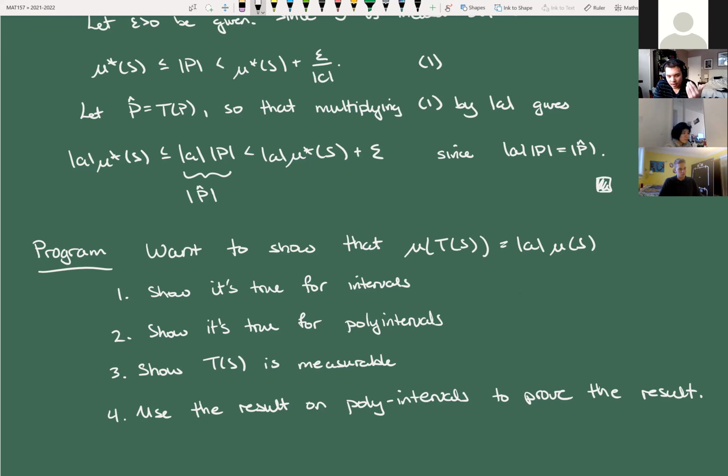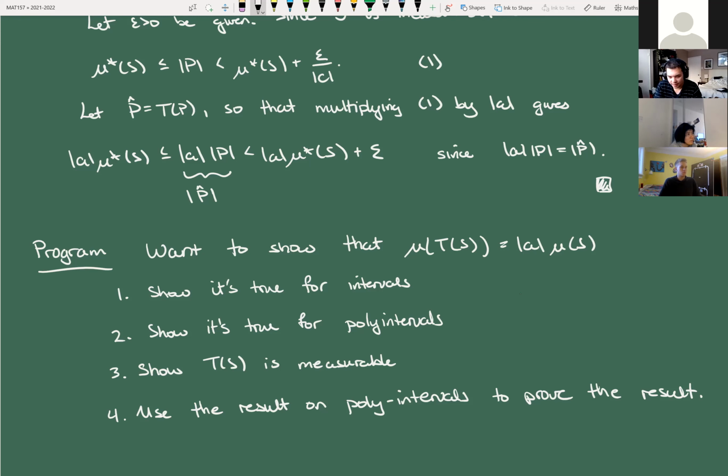None of these four steps is extraordinarily hard. It's just that if you've been trying to keep track of this proof when we're flying through all four steps, that's when you start to die. But hopefully you look at this program and you're like, yes, that's reasonable. And then you look at each step and you're like, yeah, I could probably do each of those. None of those is too terrible.